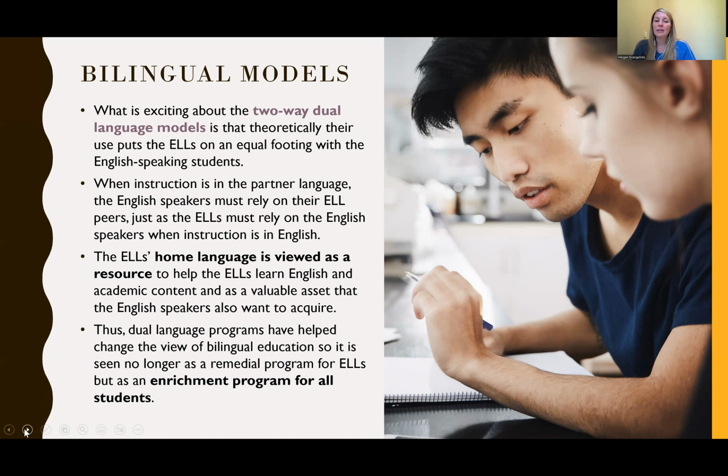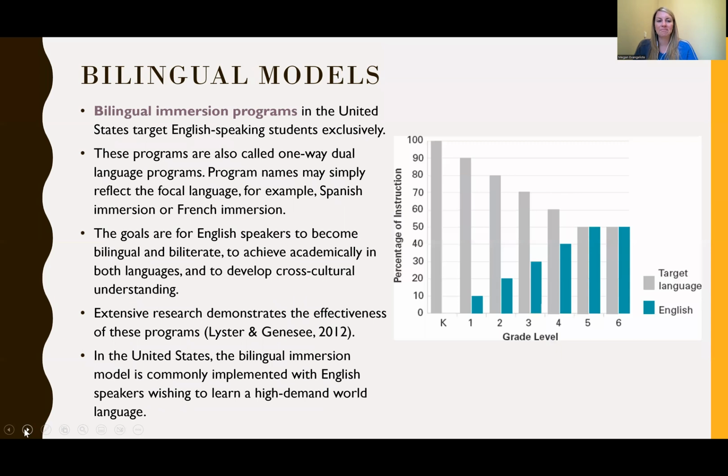So this helps the English learners' home language be viewed as a resource by all students. Academic content is accessible in both languages. So it helps to change that view of bilingual education. So it's no longer seen as a remedial program for English learners, but as an enrichment program for all students.